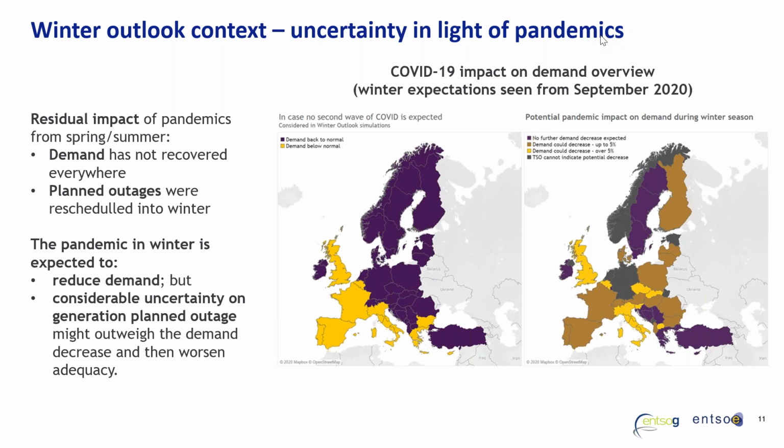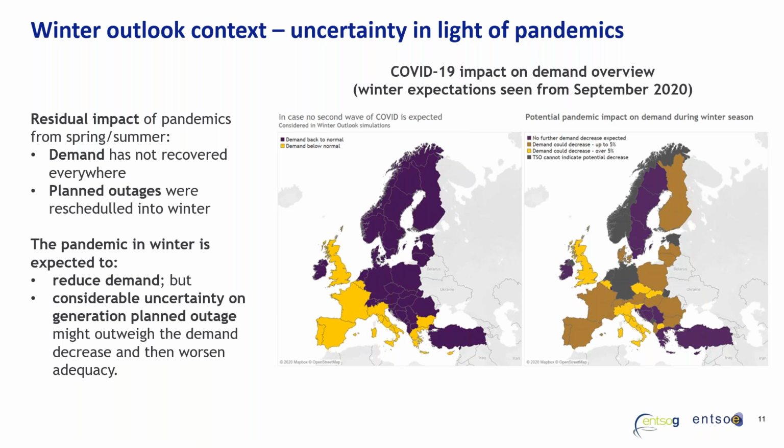Now, coming back to our findings, I would like to start by giving you some context about the winter, transitioning from the ENTSOG presentation towards ours by linking this COVID-19 impact. Actually, the pandemic situation resulted in unprecedentedly high uncertainty of what can happen during this coming winter.